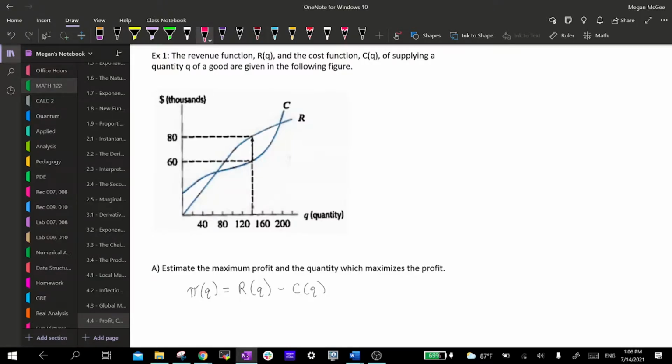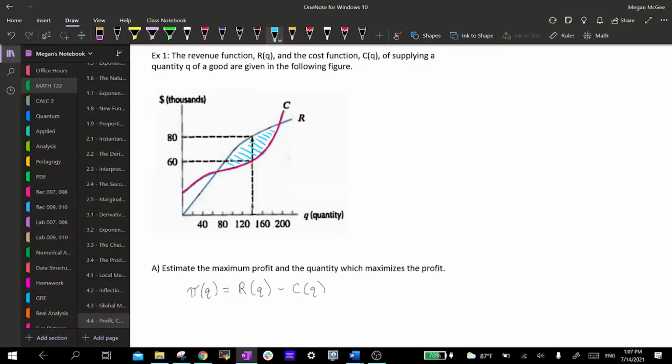Alright, so I'm going to go ahead and make one of these a different color. Now we have this cost function in kind of a pink color, and the revenue function is in the original blue. We know that we are making money anywhere that the revenue is higher than the cost. So in this area here, we are making money, so there is a profit.